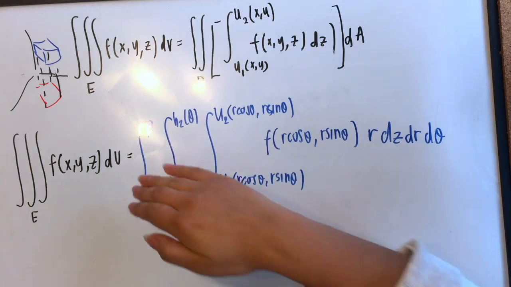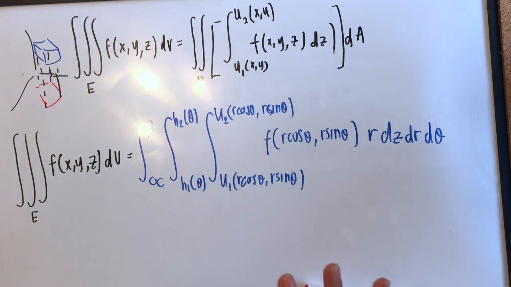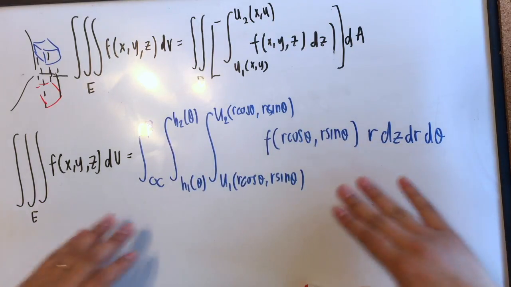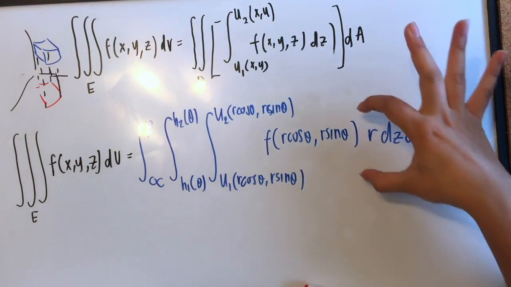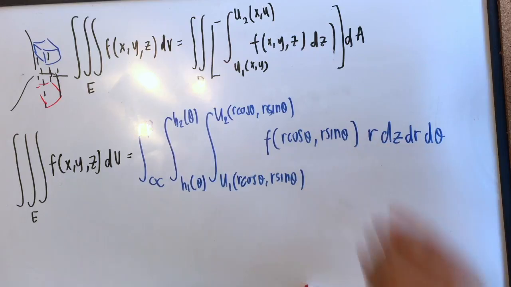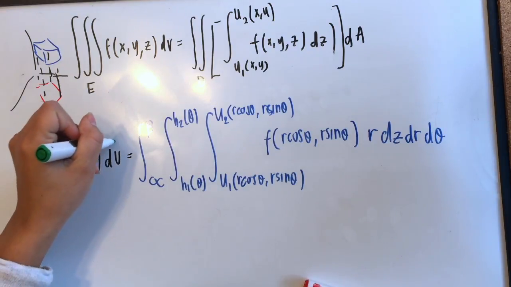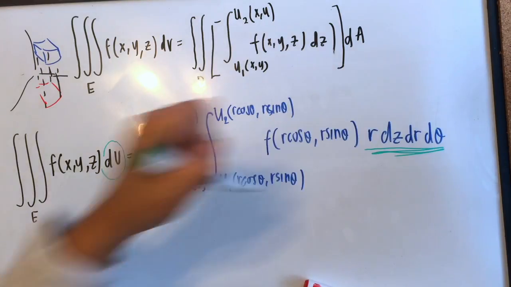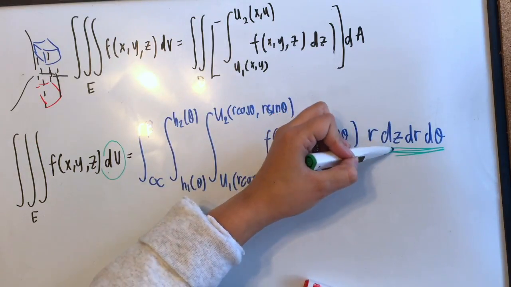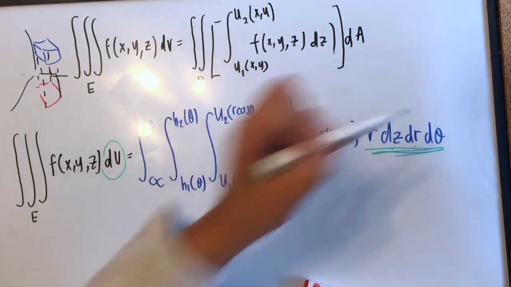So you see the connections between the limits that we had previously done and the integral. All we did is plug them into the integral, and we involve now our function. Also recognize that our dV here equals r dz, dr, d theta.